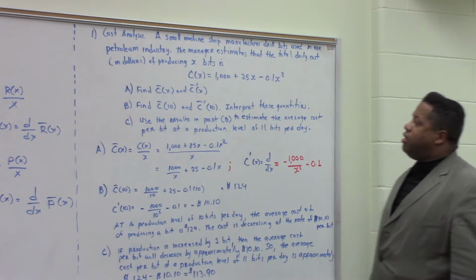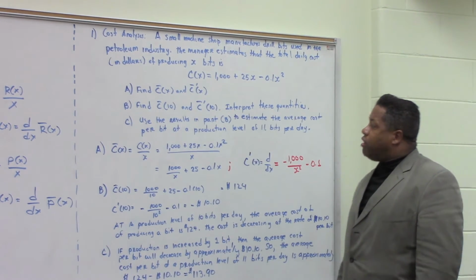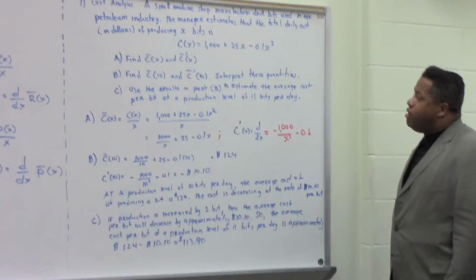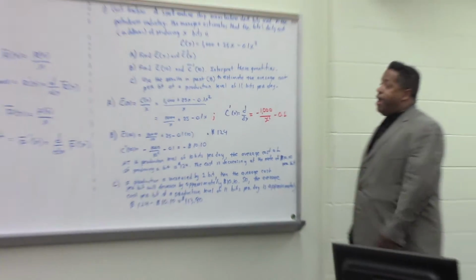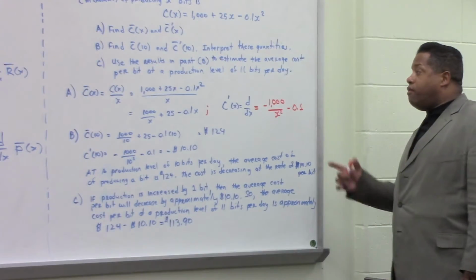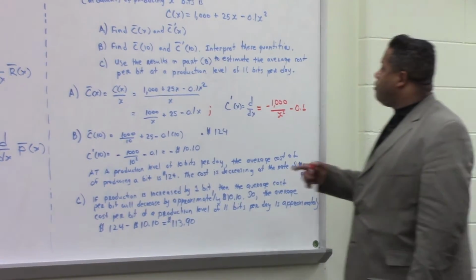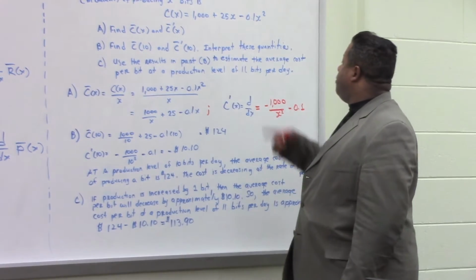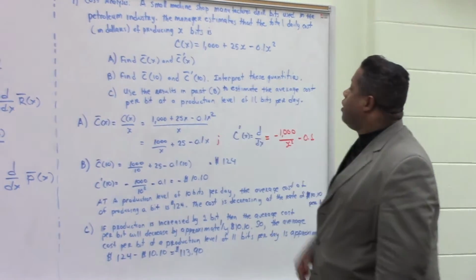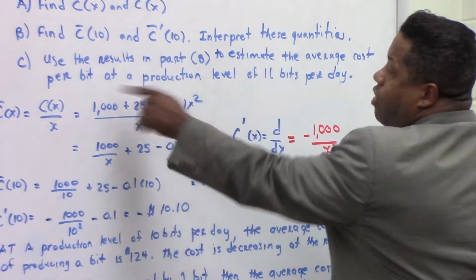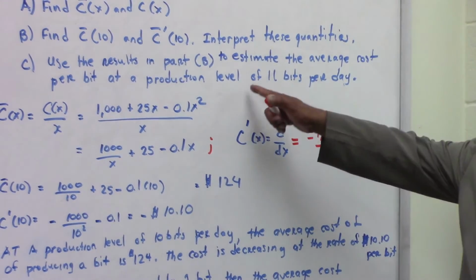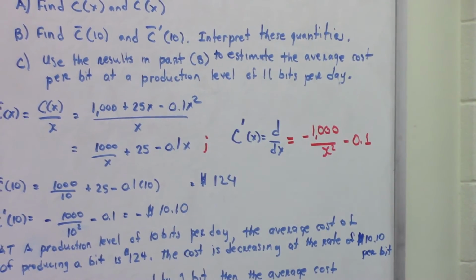And then C, use the results in part B to estimate the average cost per bit at a production level of 11 bits per day.